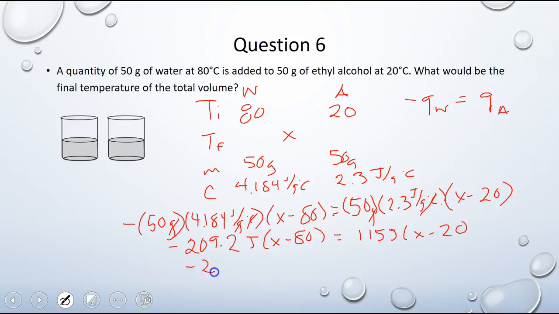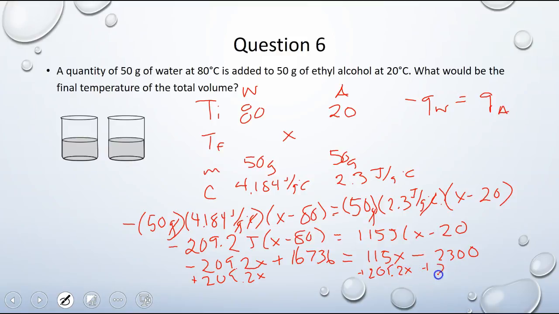So I get negative 209.2x plus 16,736, which is equal to 115x minus 2,300. Okay, so I'm going to add 209.2x to both sides. I'm going to add 2,300 to both sides.